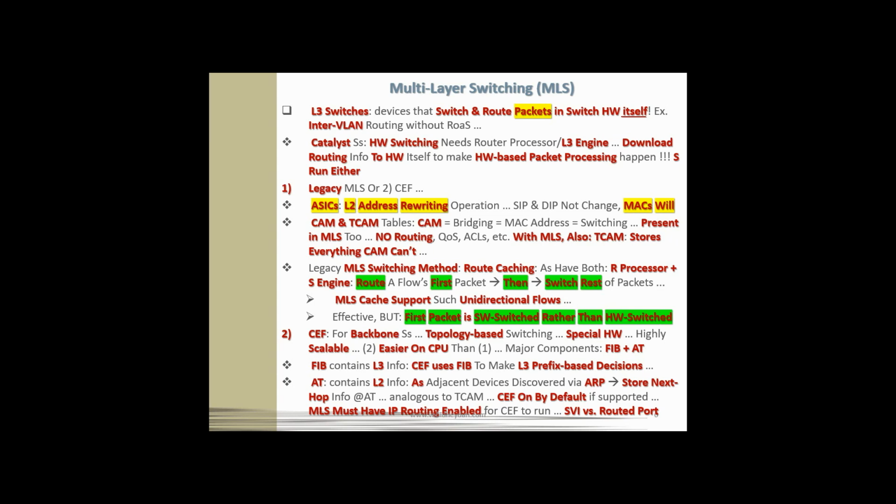So once again, with legacy MLS scenarios, the routing processor routes a flow's first packet, then the switching engine snoops in on that packet and its destination, and then takes over and forwards the rest of the packets in that flow onwards.